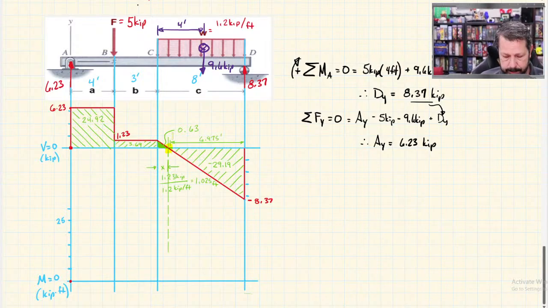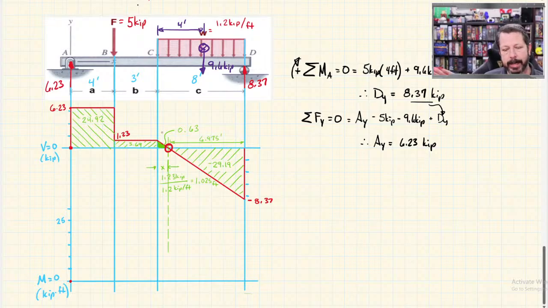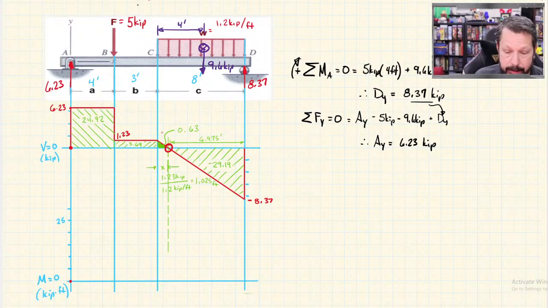I don't know if you can see that. It's kind of hard to see. And so what that'll do is break that triangle into two separate triangles. They may be equal. In this case, they're not even close to equal. But I need to integrate both of them. So I need the area of each of those triangles.